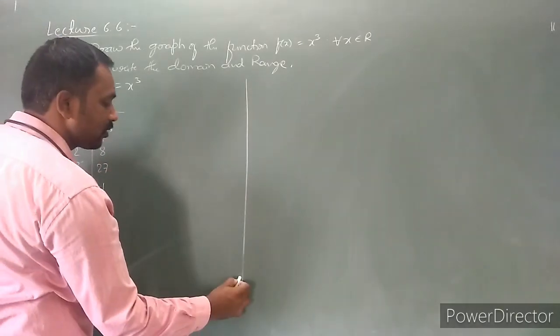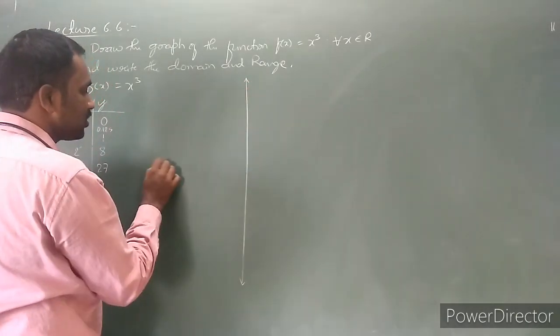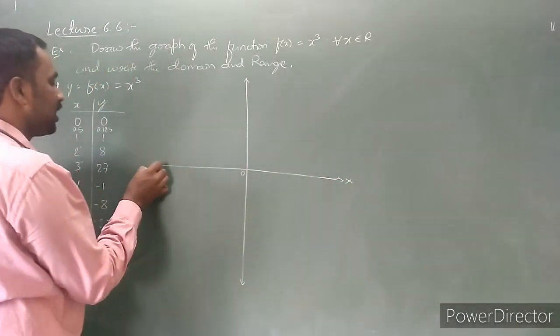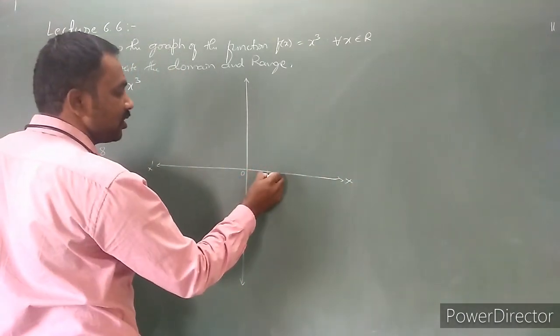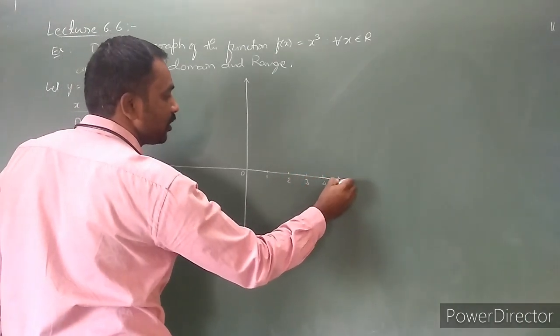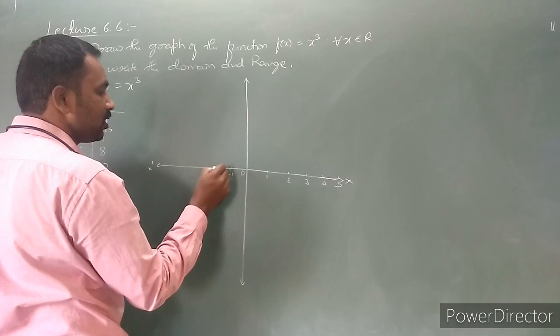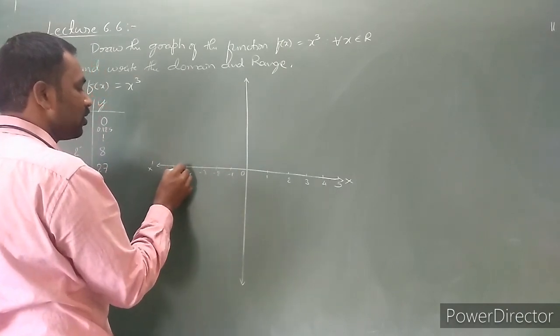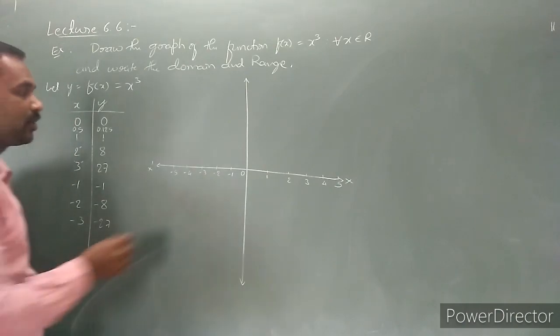Consider the xy coordinate plane. This is the y-axis, this is the x-axis. 0, and the negative side of the x-axis. On the x-axis 1, 2, 3, 4, 5, and so on up to infinity. Minus 1, minus 2, minus 3, minus 4, minus 5, and so on to negative infinity.